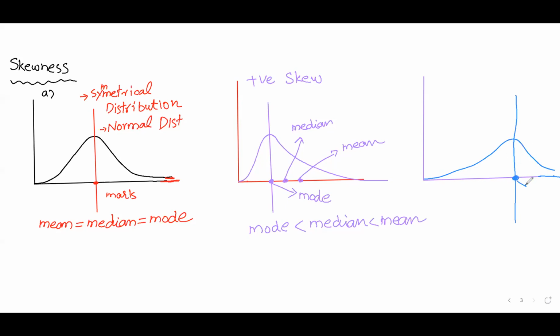It will be your mode. And maybe here you have the mean and the median somewhere here. So this is known as negative skew, negative skewness.